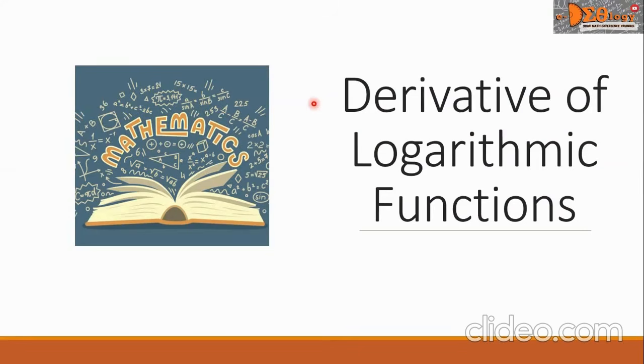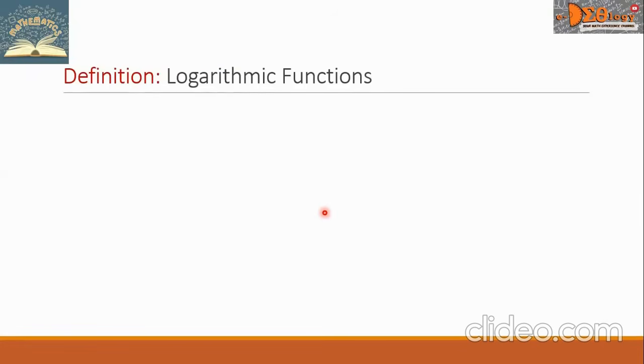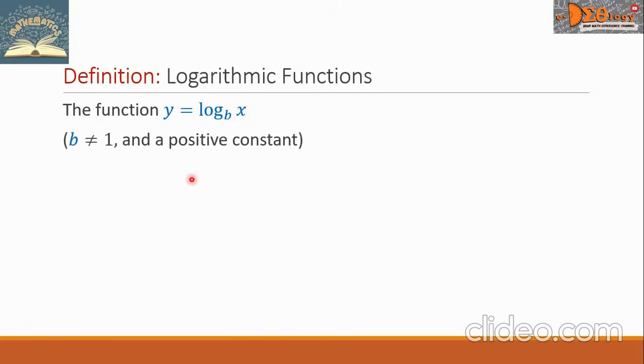Today we're going to study derivative of logarithmic functions. Let us first define logarithmic functions. The function y equals log of x to base b, where b is not equal to 1 and b is a positive constant, is called a logarithmic function.